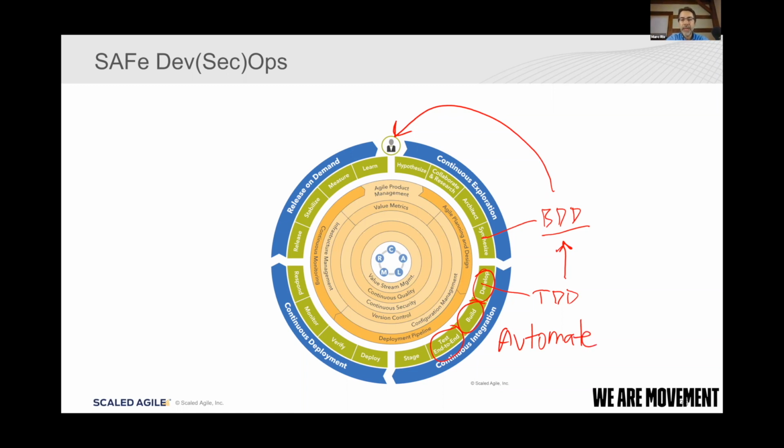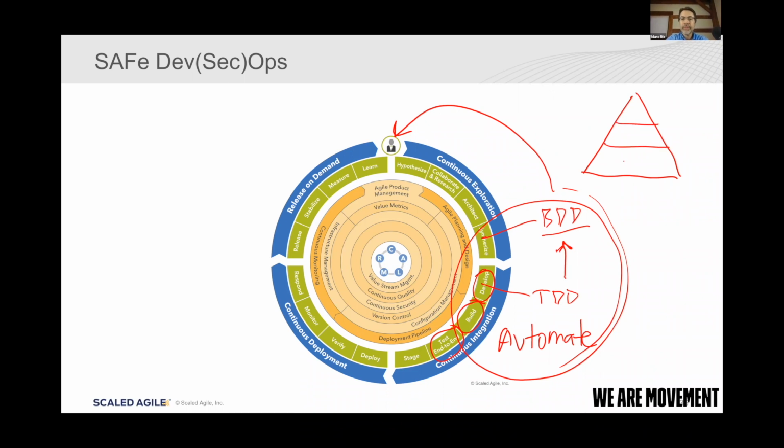And as we get these practices in motion and mature them, we're building that test pyramid where most of our testing is done upstream in an automated fashion with unit tests. And we have some integration tests that are more down here in the test end-to-end part.